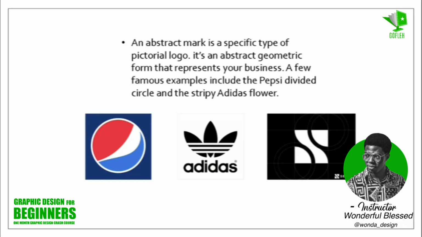It's an abstract geometric form that represents your business. A few examples include the Pepsi divided circle and the striped Adidas flower. These are just examples of an abstract logo.